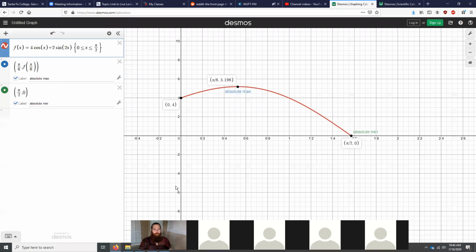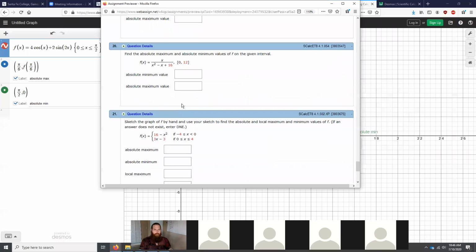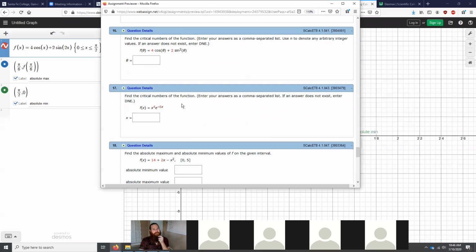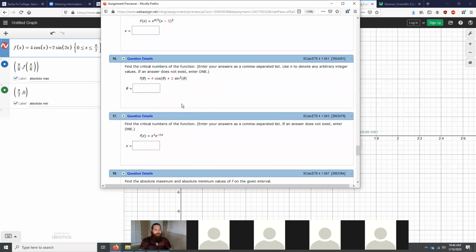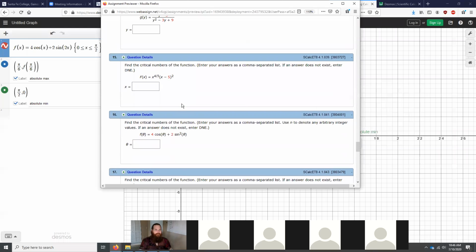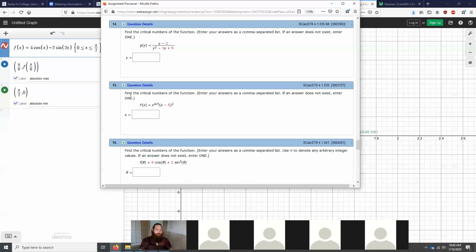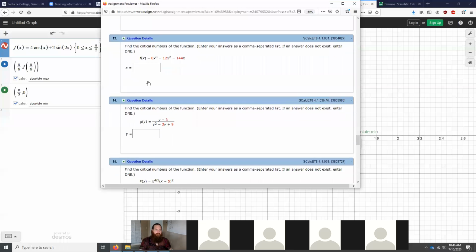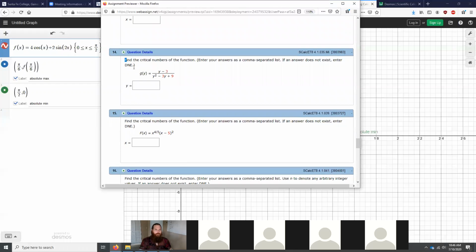So let's come over here and find one more problem that we can play around with. We did one like that. Find the critical numbers for this. Find the critical numbers for that. Let's look at 15. 14 and 15, both kind of interesting here. Both of these just say find the critical numbers. I'll let you guys choose. Do we want to do 14 or 15? This is kind of a weird quotient rule.